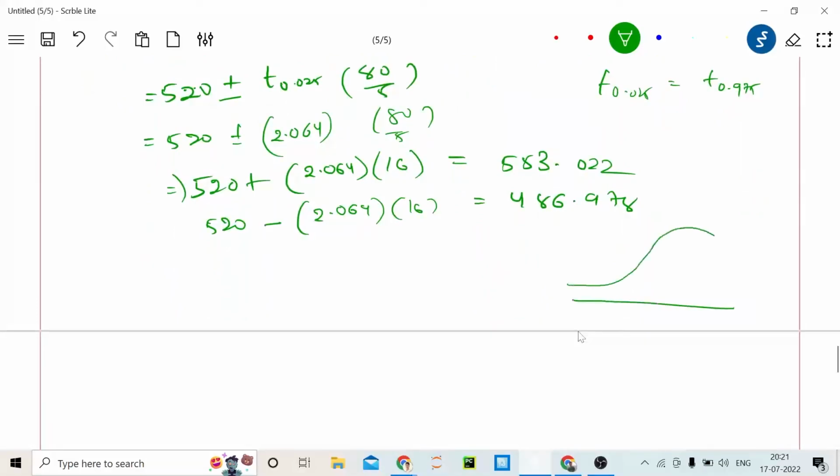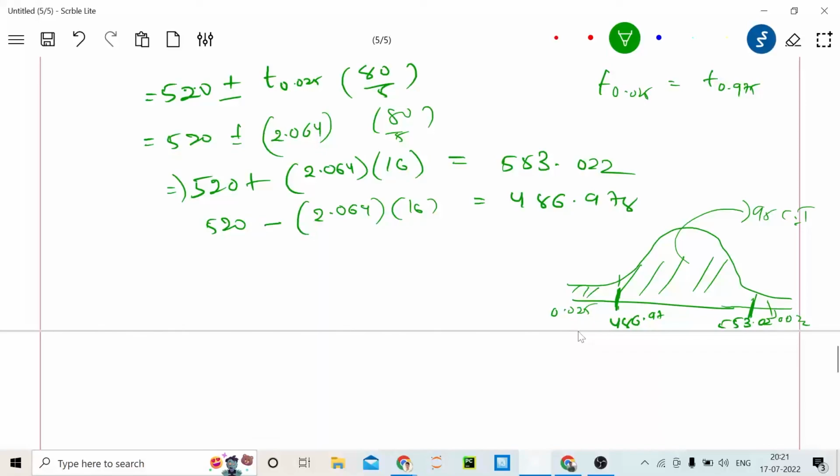If this is your distribution, this tail is 0.025, this tail is 0.025, and the whole middle is the 95% confidence interval, from 486.97 to 553.02. If our value falls within this, then we can accept our null hypothesis, or we can reject the alternative hypothesis.